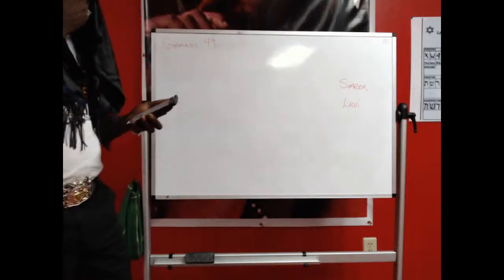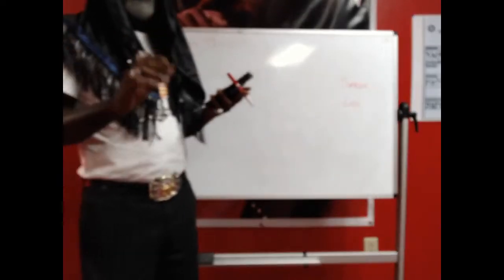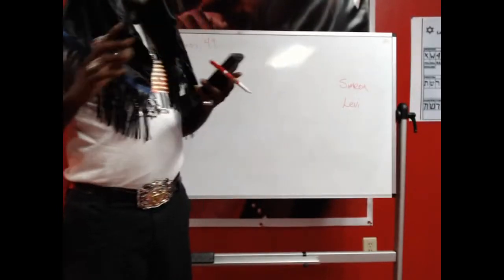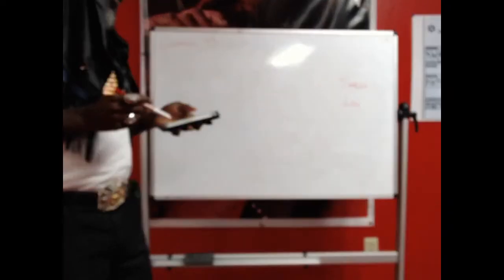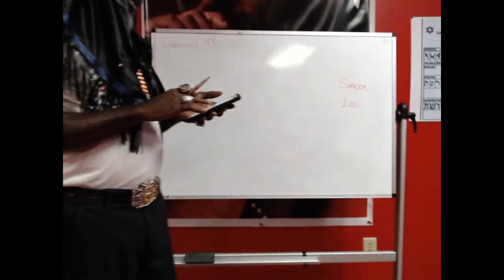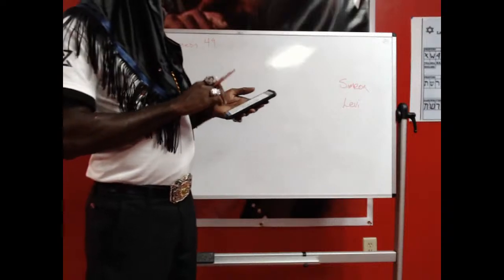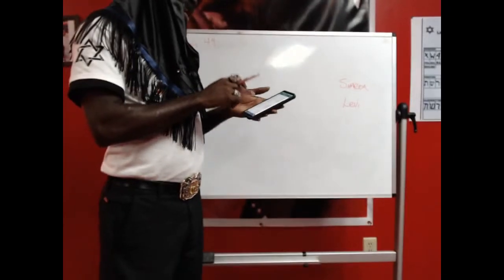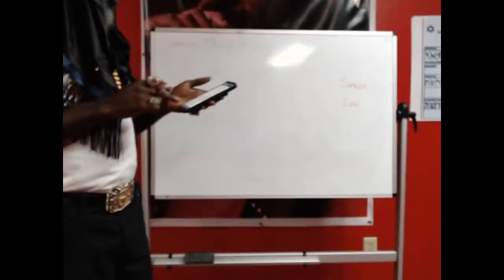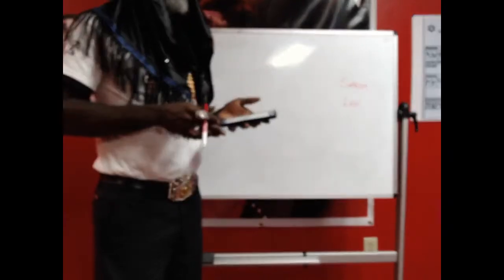Now we know that the Levites' portion did not get a portion of land. They did not get a portion of inheritance. They were scattered throughout Israel. Simeon got a small portion of land, but when you read the scripture, it says, let's go back to it, verse 7. It says, cursed be their anger, for it was fierce, and their wrath, for it was cruel. I will divide them in Jacob.